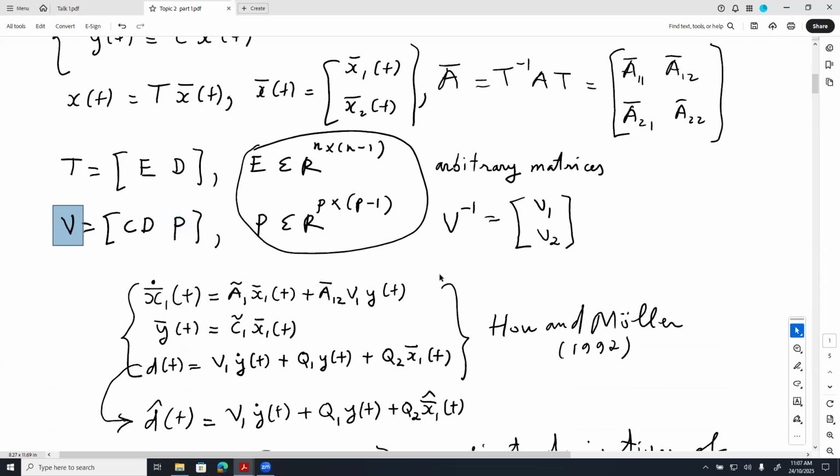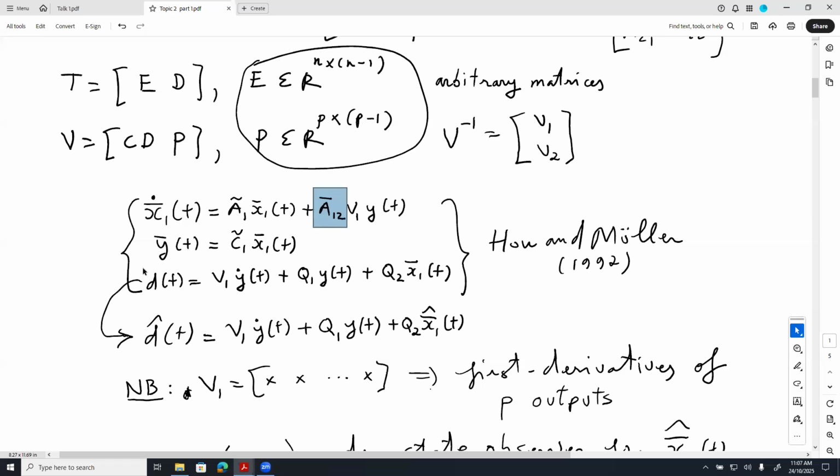We obtain a reduced order disturbance-free system where the matrices are given in our previous presentation. The main thing that we can see from here is that the unknown input is expressed in this form, where y dot of t is the derivative of the output measurement vector.